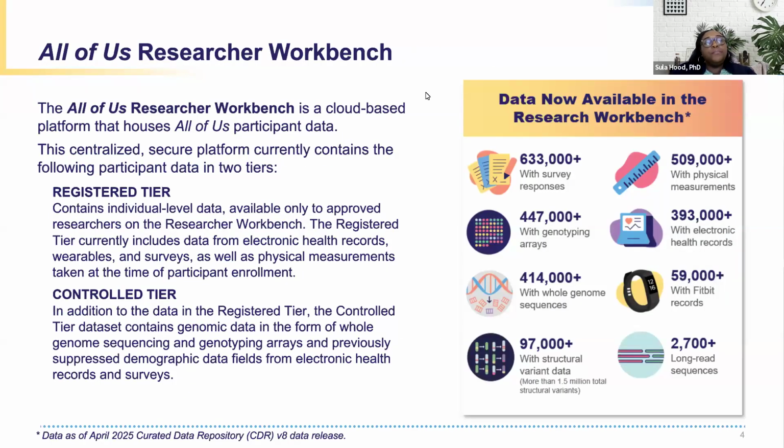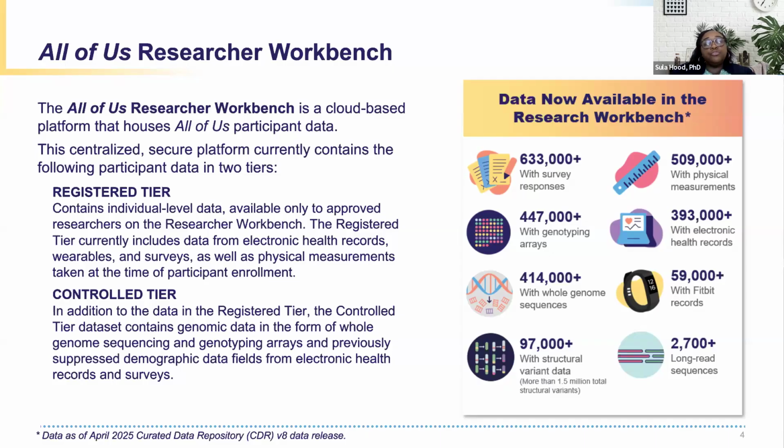Okay, so a little bit more about the All of Us Researcher Workbench specifically. As I mentioned, the Researcher Workbench is a cloud-based platform that houses All of Us participant data. Researchers are able to access this data when they register to sign up for the Researcher Workbench. There, as a centralized platform, the Researcher Workbench houses data at two different levels. There's the registered tier, which includes participant information related to electronic health records, wearables, and surveys and physical measurements.